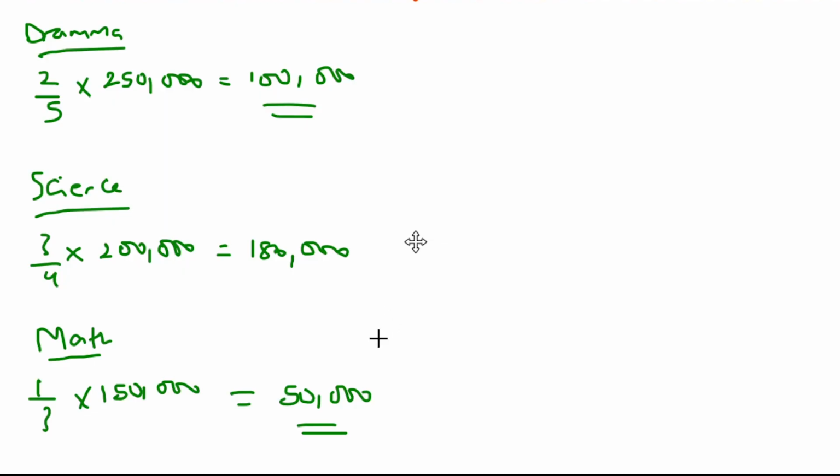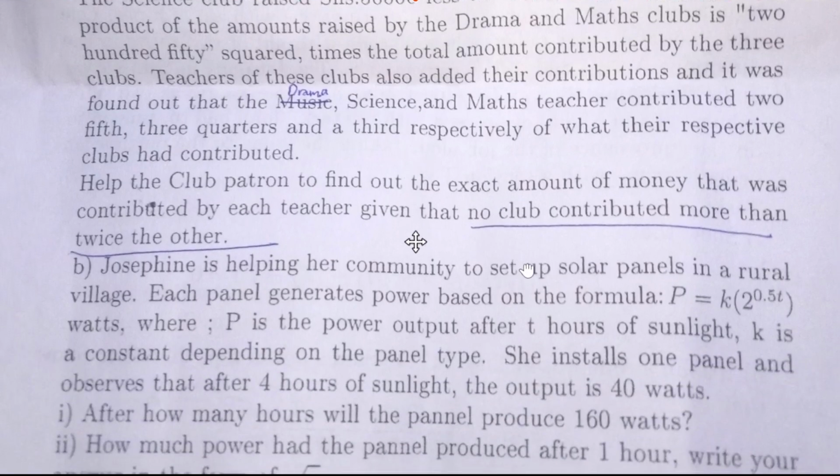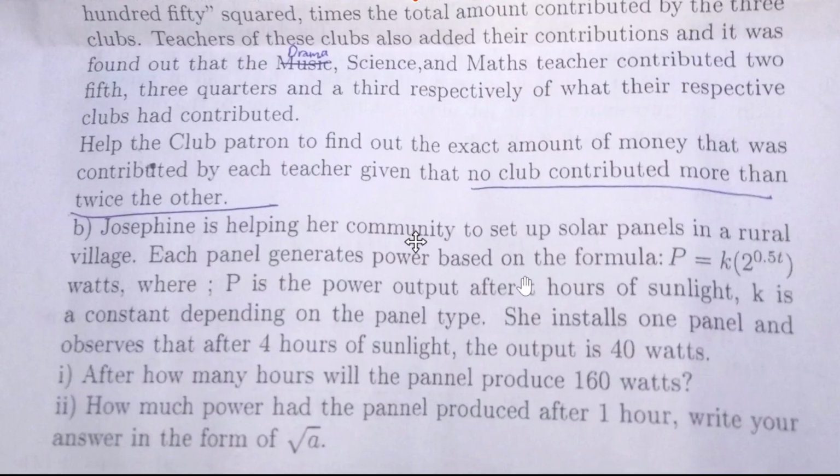Now going back to our question, part B, each panel generates a power based on the formula that. So the first task is, after how many hours will the panel produce 160 watts?